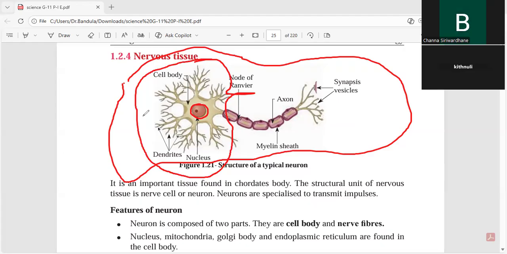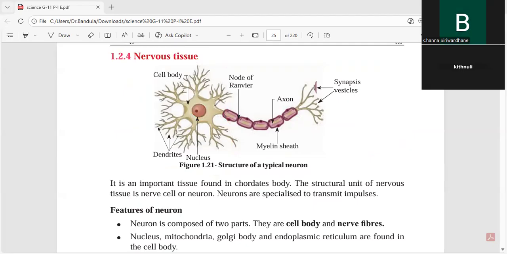Then, from this cell body, one process has extended, away from the body, and it is called the axon. Axon. It is called axon, right?